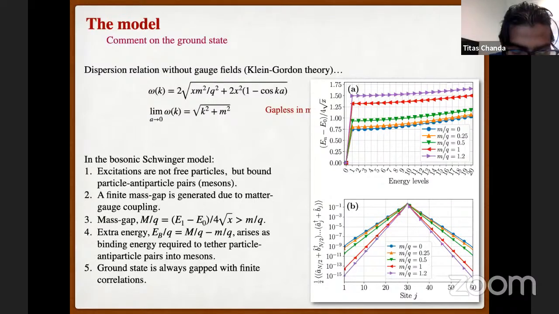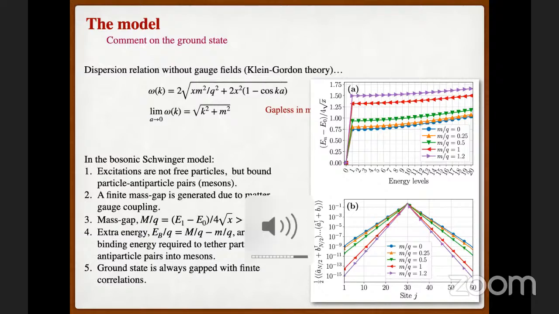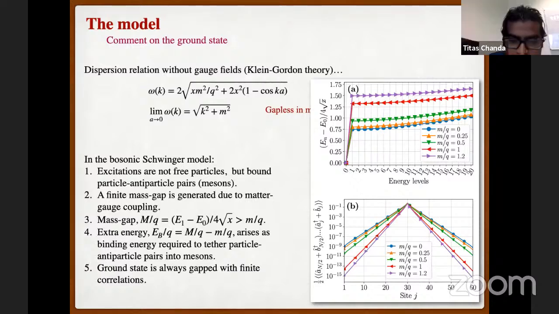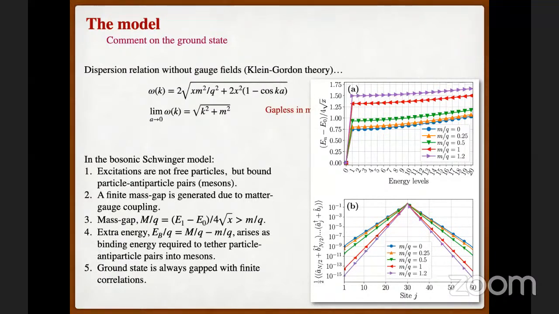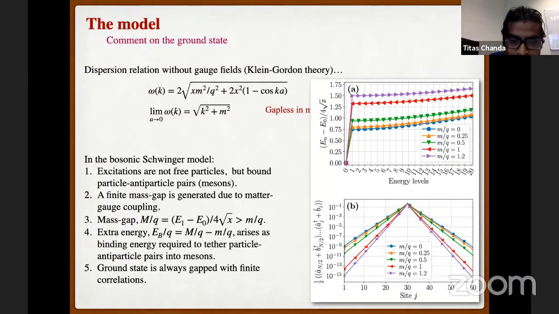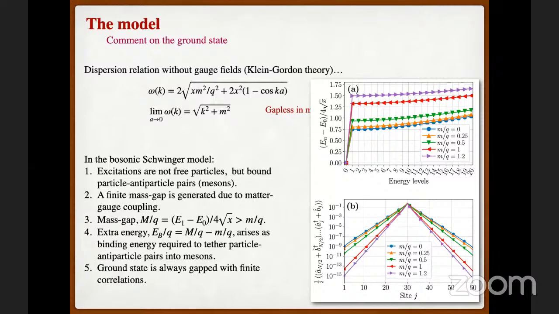Sorry, I don't understand. You mentioned that in the continuum, the Fermion-Schwinger model can be exactly solved, right? Exactly. But on the lattice it is not possible, right? Yeah, on the lattice it is non-integrable. What makes it solvable in the continuum and not on the lattice?